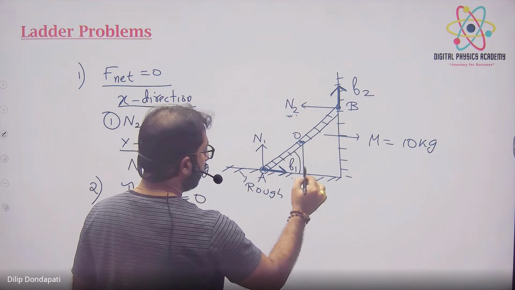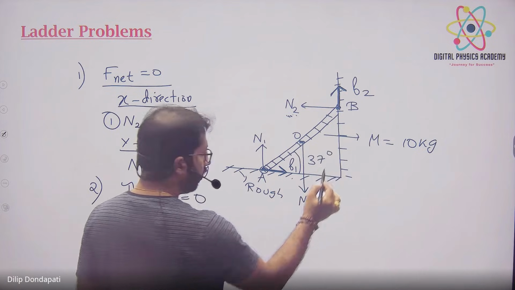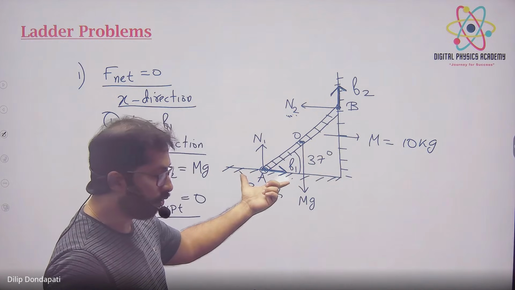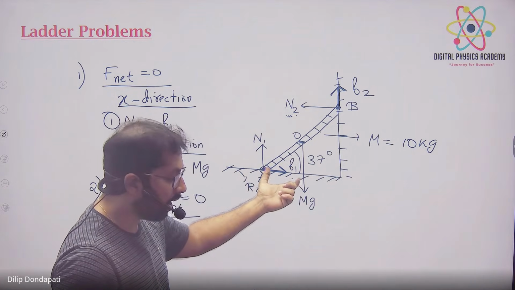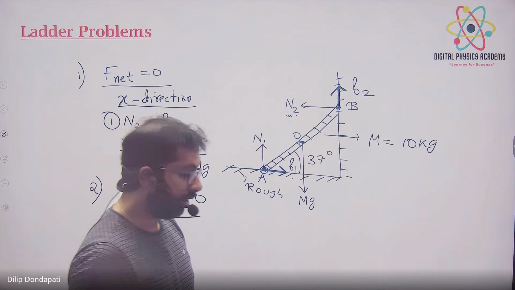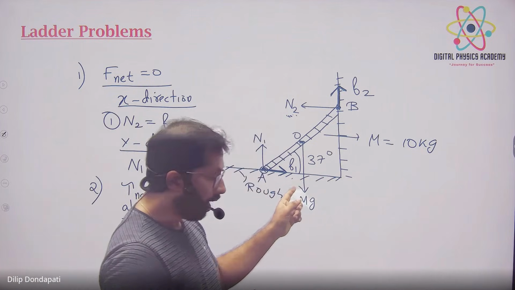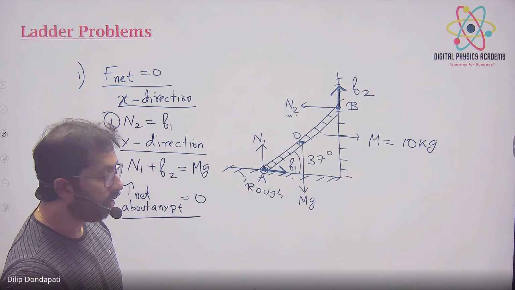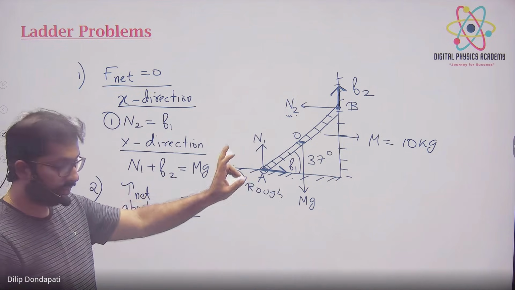Here I'm putting 37 degrees. Okay. The other rests on the rough horizontal floor. Find the normal force and friction force that the floor exerts on the ladder. He's asking normal force and friction force that the floor exerts on the ladder. So normal actually asking.